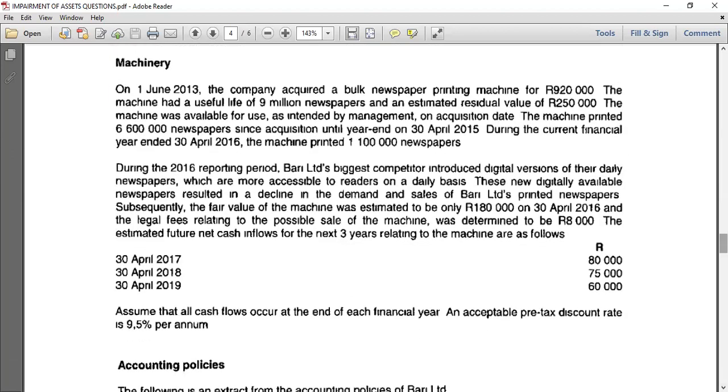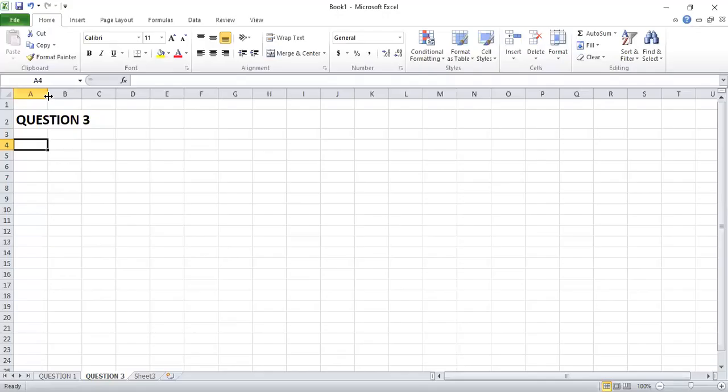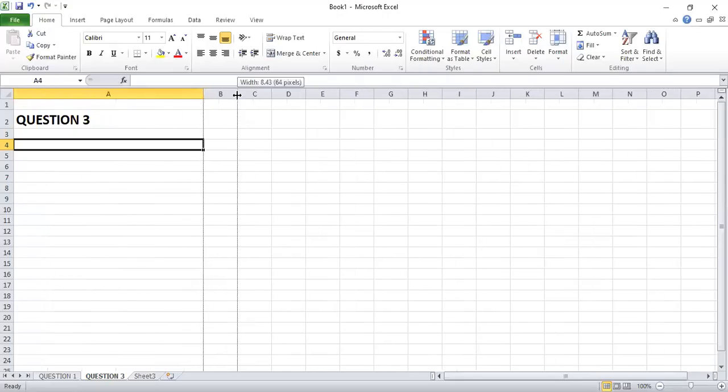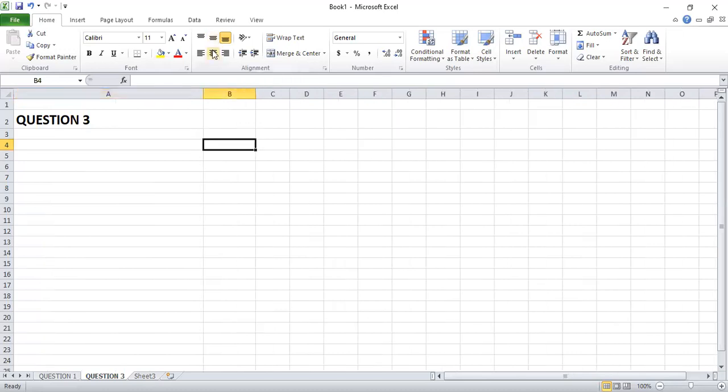So this is what we have. Then we are supposed to determine our impairment. Right. So the cost of the machine was what? 920,000.